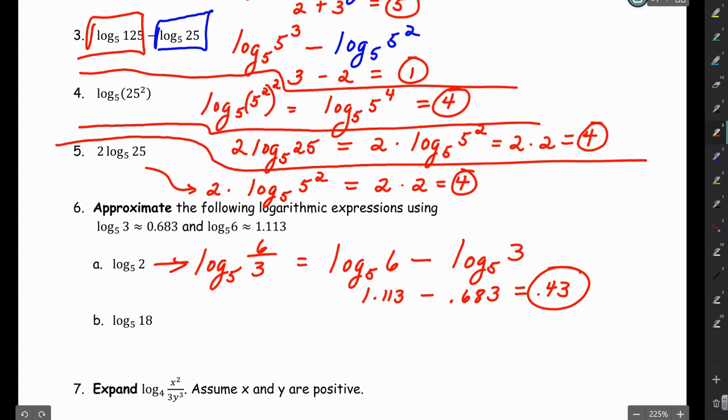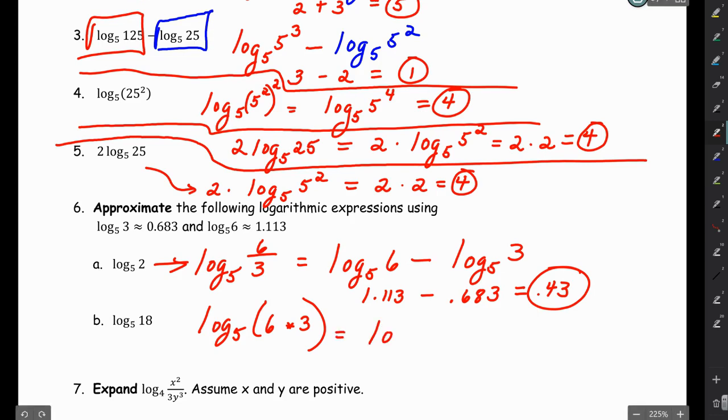Okay, now we've got log base 5 of 18. Well, 6 times 3 is 18. If I'm trying to expand a log and I have multiplication between, when I expand it, it's going to be addition.